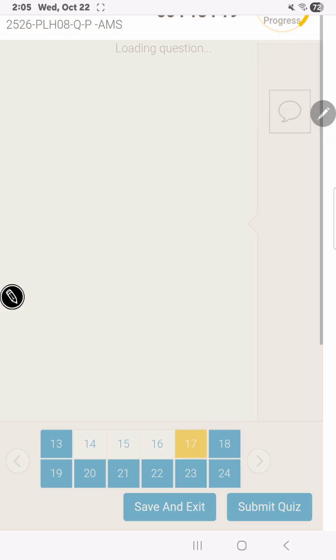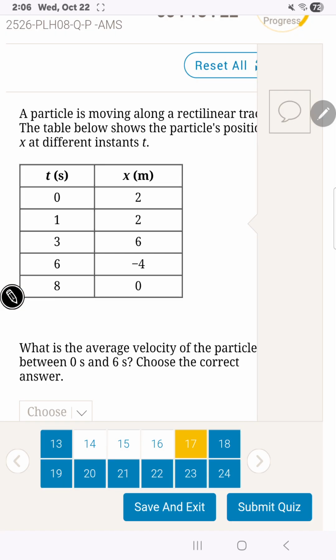Number 17. A particle is moving along a rectilinear track. The table below shows the particle's position x at different instants t. What's the average velocity of the particle between 0 and 6? Choose the correct answer.